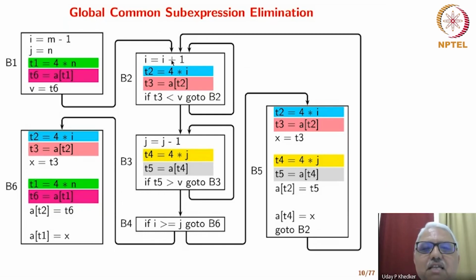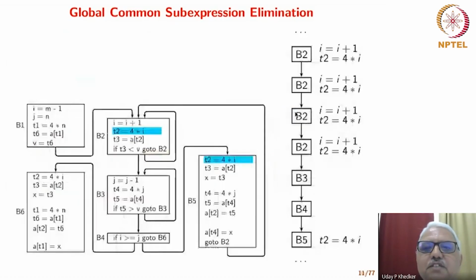So the interesting thing is, when we talk about the value of I not changing between these two occurrences, formally or technically, to be very precise, we are saying on every path between the last occurrence of this 4 star I and the first occurrence of this 4 star I, the value of I does not change.